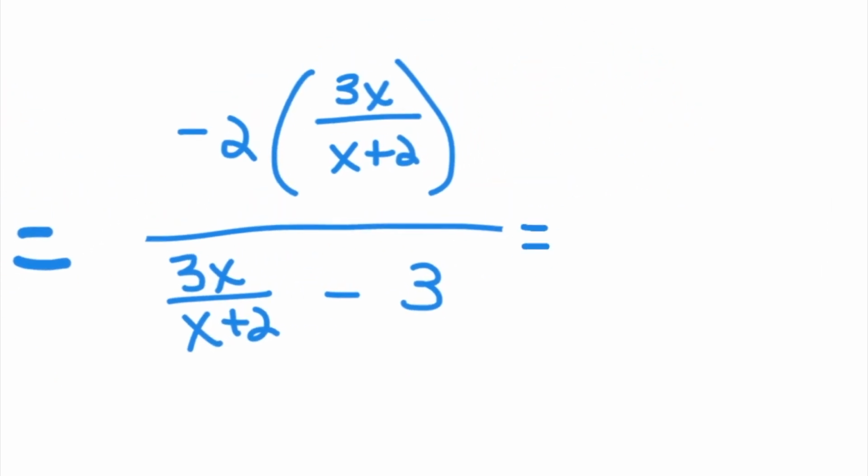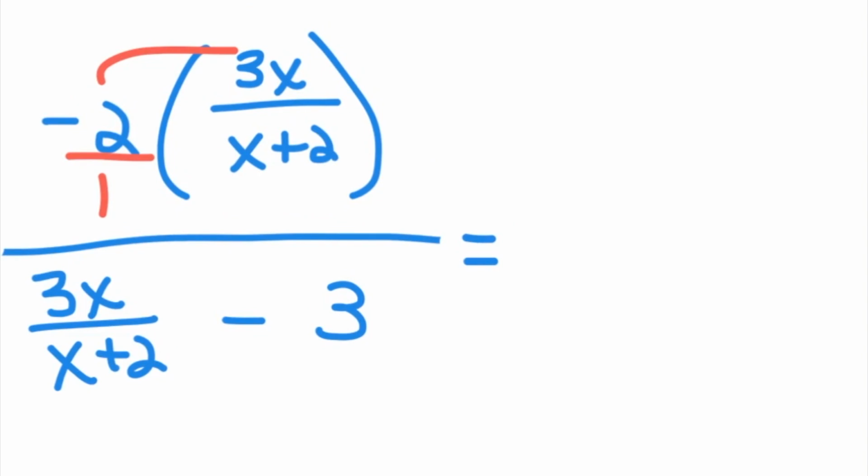And then I'm going to multiply. Again, I'm going to only multiply that negative 2 times the numerator, because it's like it's negative 2 over 1. And so my numerator is going to be negative 6x all over x plus 2.